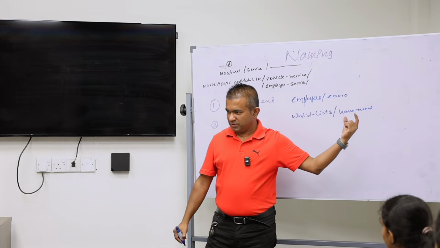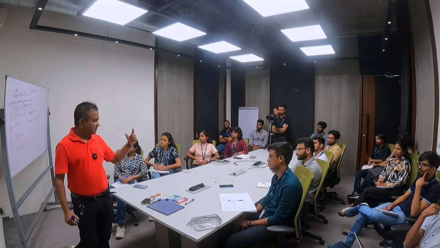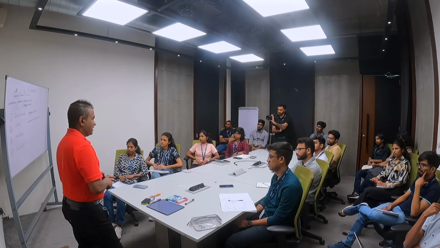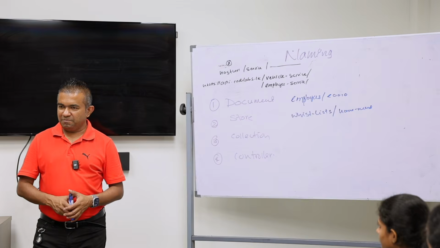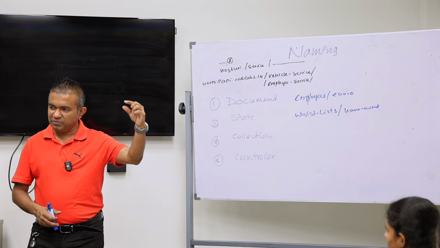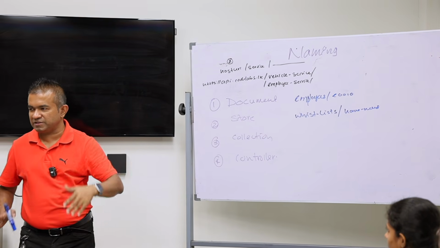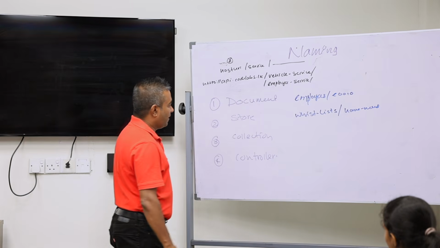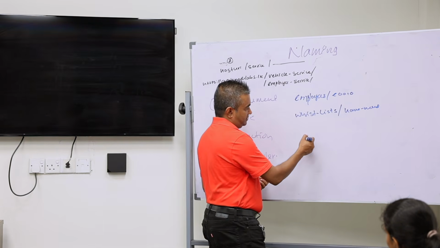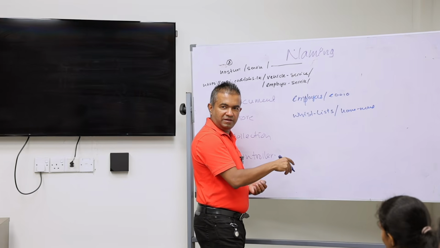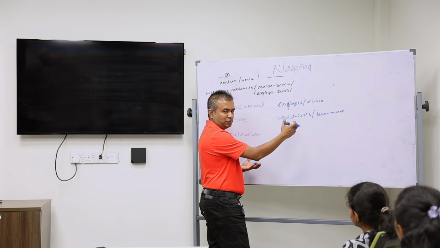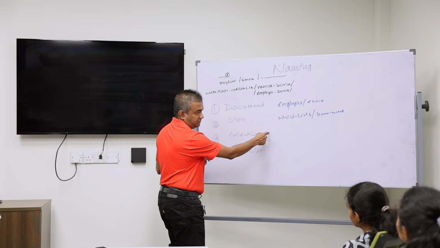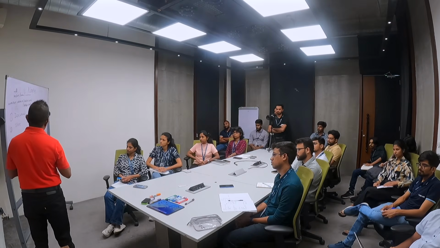This is a single document, but the nature of the document is to have a collection. Your song playlist is a single document, but inside it there is a reference to multiple other documents. The collection is the other side of it, like employees. Employees is a collection.